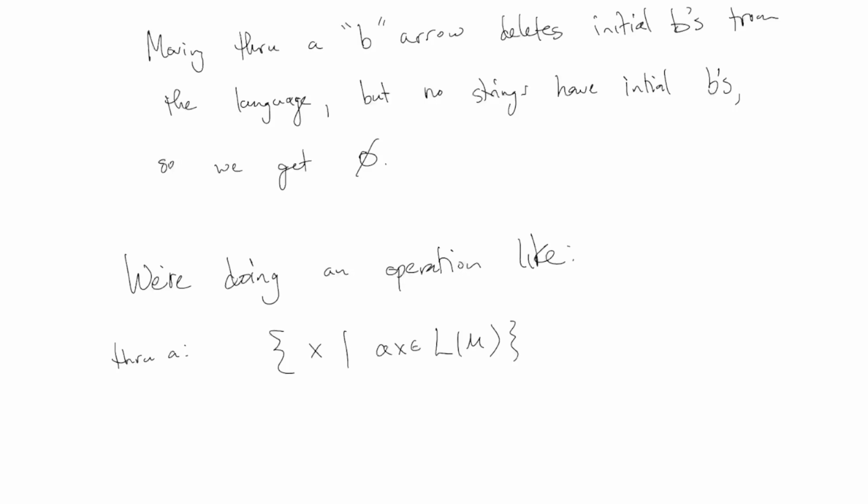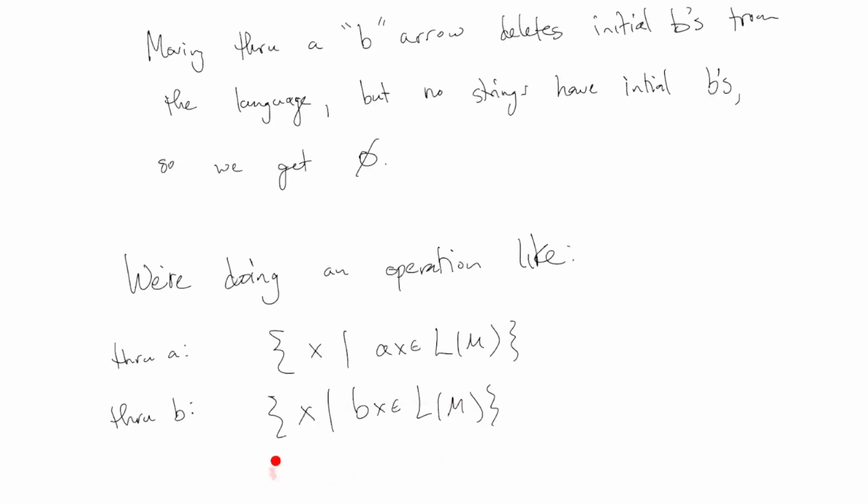It's those same strings, but without the A. And when I do this through the B arrow, it ends up being all x such that Bx is in the language. And in the particular example we're doing here, this is actually the empty set because there is no string Bx in the original language. And so this means all x such that this happens, but this never happens, and so you get the empty set.